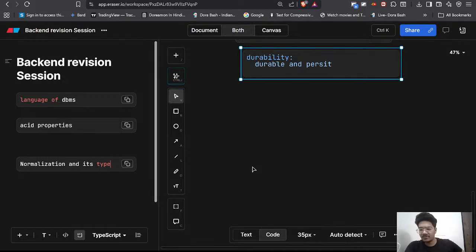It is a process of organizing the data in the database.